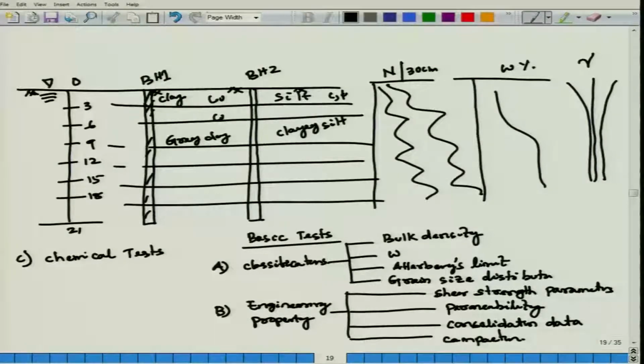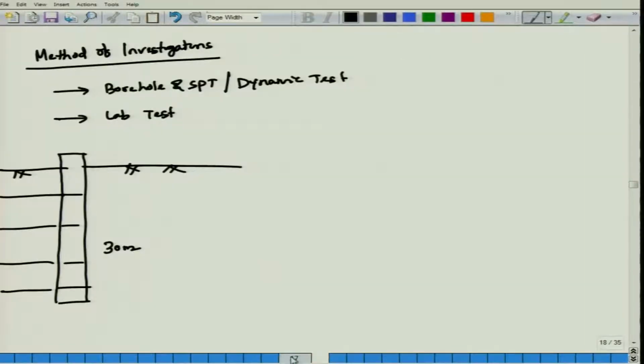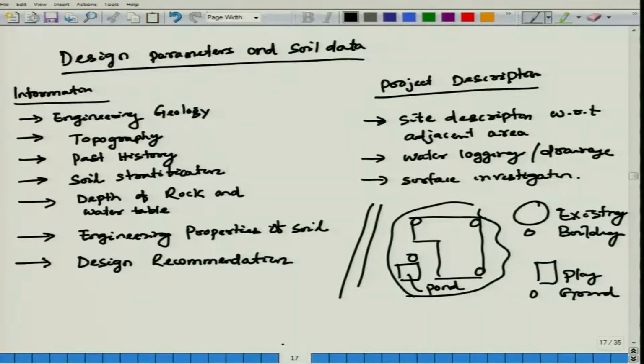So, once this information is obtained by the design engineer, he will take a call what kind of foundation and at what depth, what is the dimension of the foundations to be designed. So, in brief I have covered all things, design parameters and soil data, basic information you prepare.